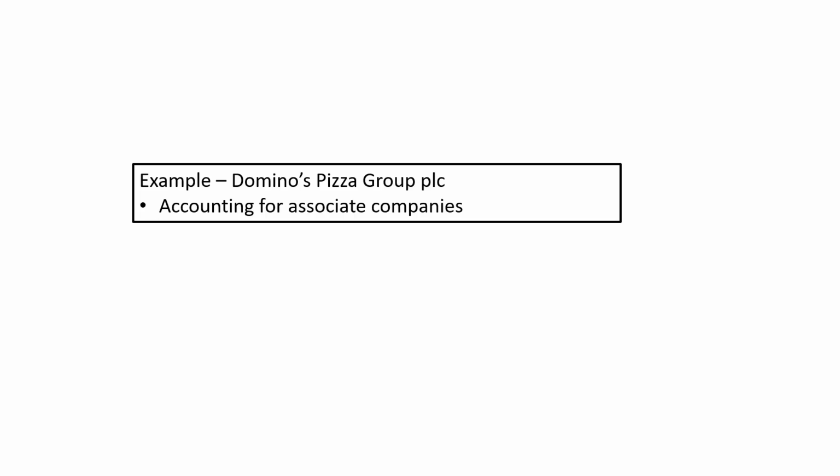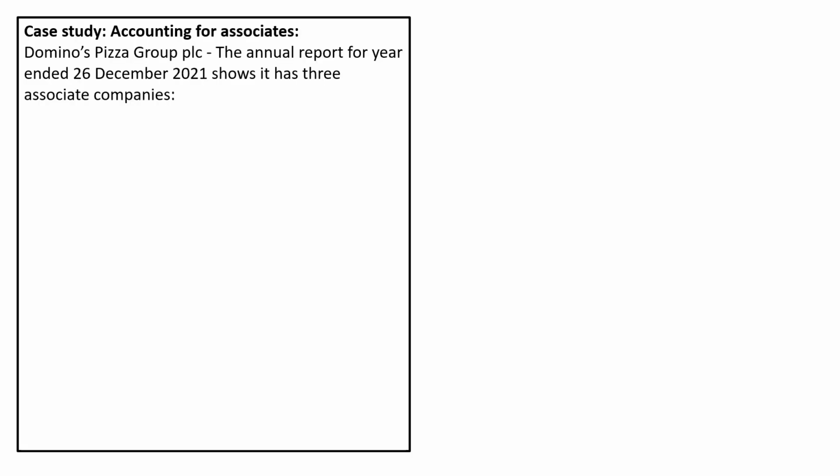We will now look at how a UK public listed company, Dominion Pizza Group plc, incorporates an associate company in its group financial statement. We should recall that a company is classified as an associate company where the parent company holds between 20 and 50% of the shares in that company.